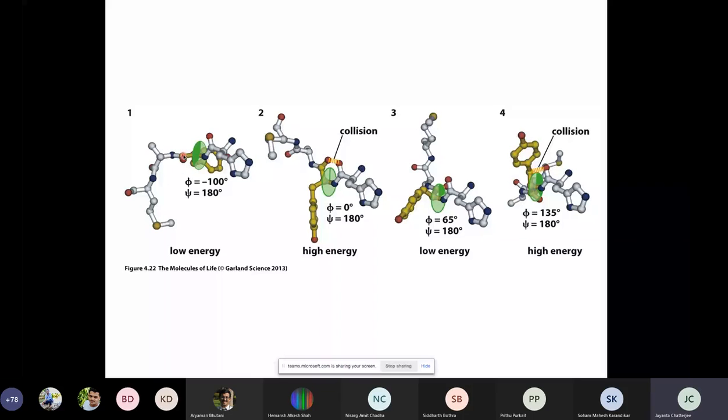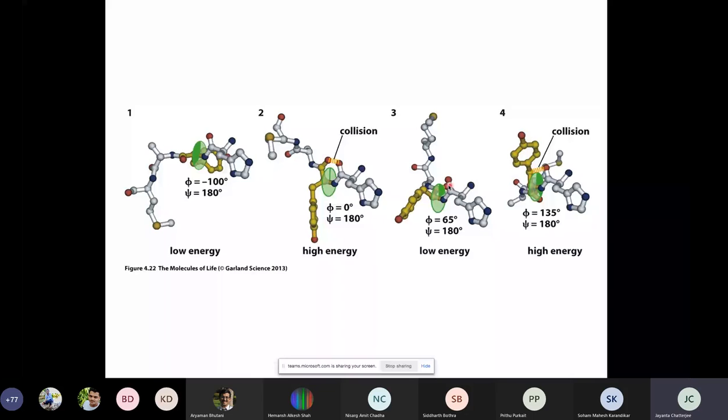Initially these two oxygens were close to each other, and now there is a large distance between them. So even keeping the psi constant, if you have a phi of minus 100 degrees, this is tolerated.